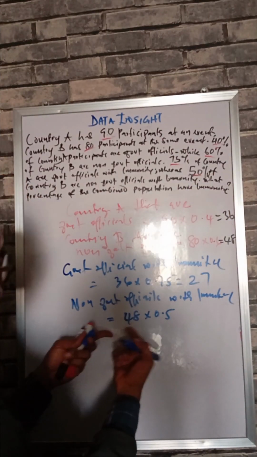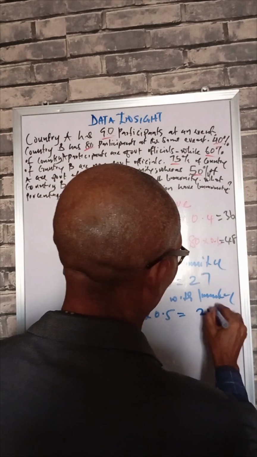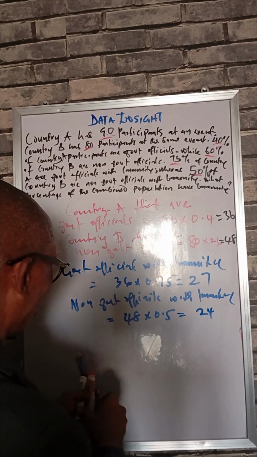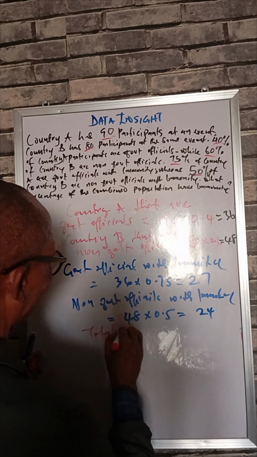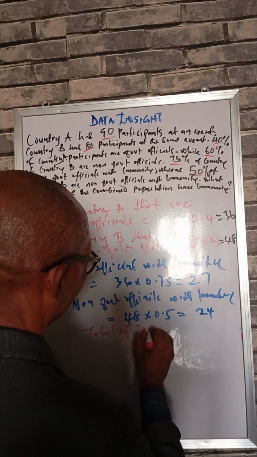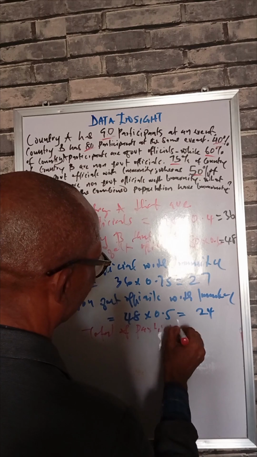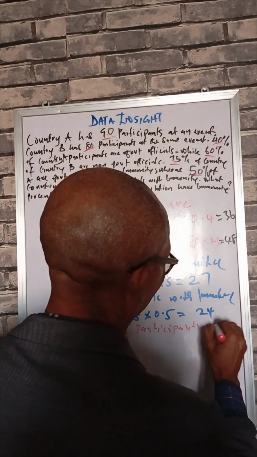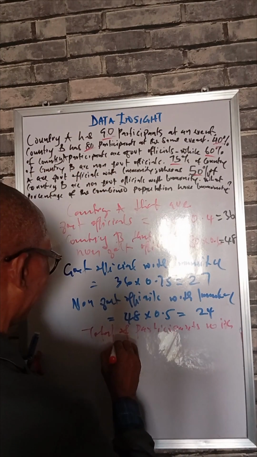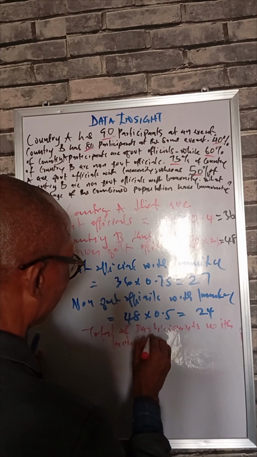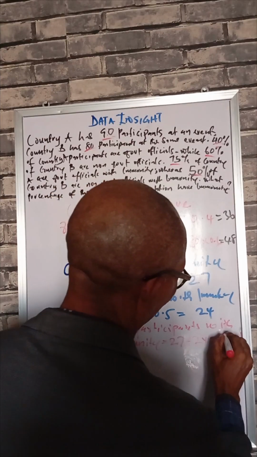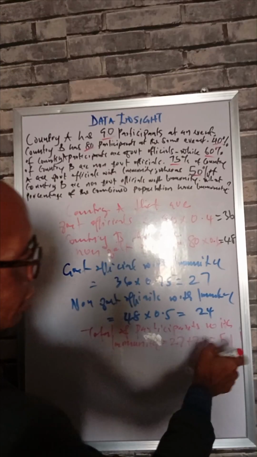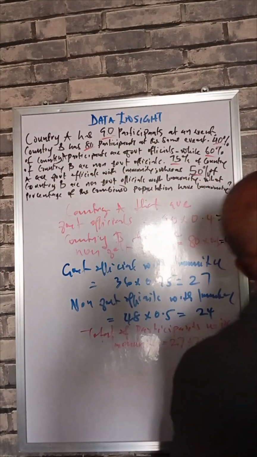Of course, we know that 50% is just half of this, and this gives us 24. So sum total of participants with immunity is 27 plus 24, 51. These are participants that have immunity.